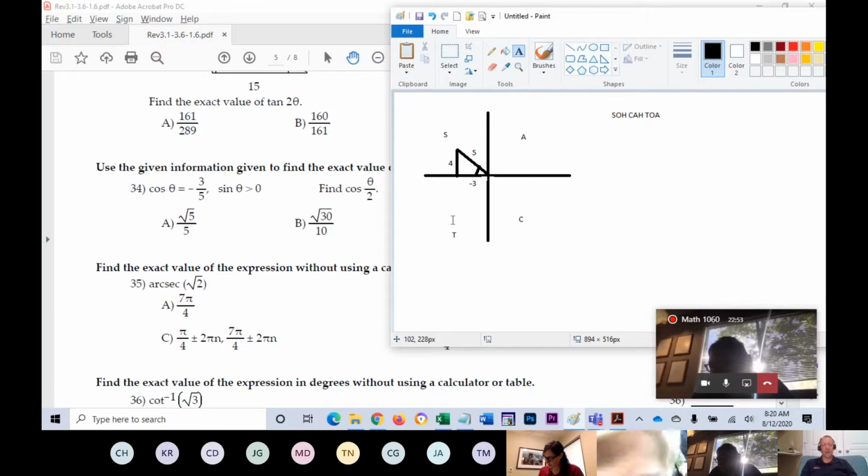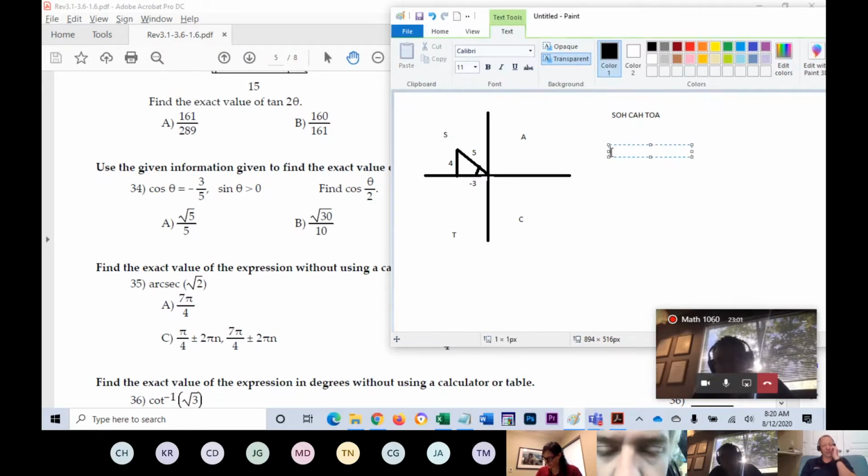Okay, so now that we know this, when we've got the cosine of theta over 2, what's my half angle formula? Oh man. I don't know. I can't remember what it was.